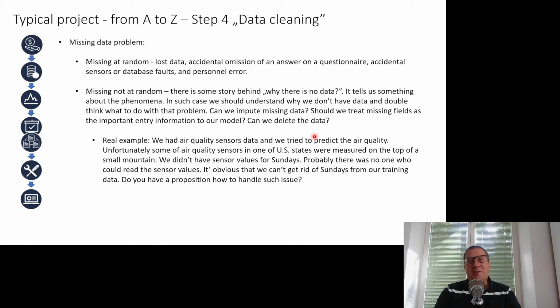For instance, if the air quality is better on top of the hill for the whole week, it will probably be better on Sunday. We don't have a value for Sunday, but we can take the value from other stations and correct this value for the fact that it's on top of the hill and the air quality should be better.